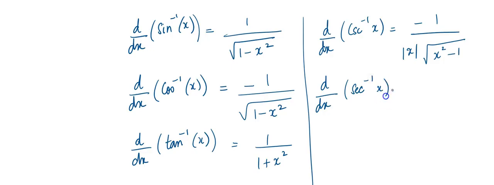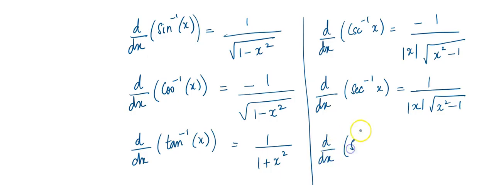Secant inverse of x, 1 over absolute value of x times square root of x squared minus 1. And then lastly, cotangent inverse x.